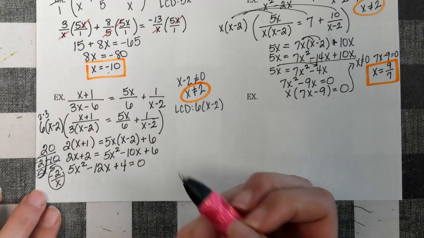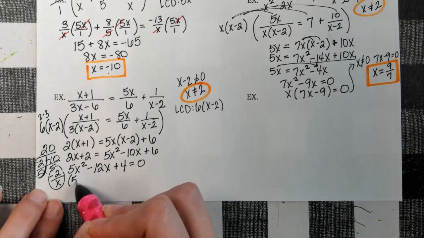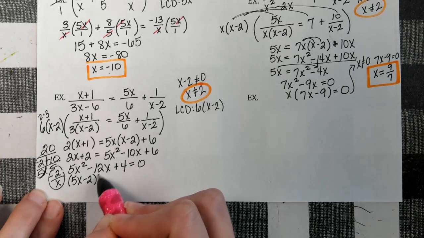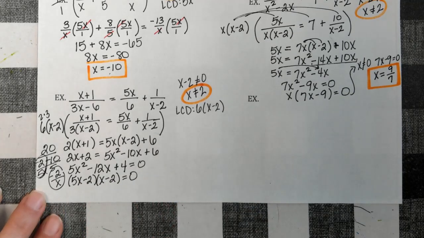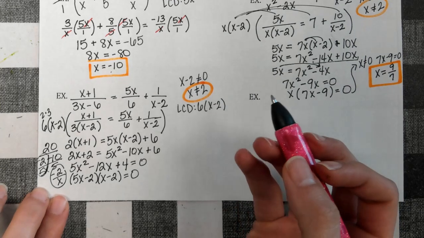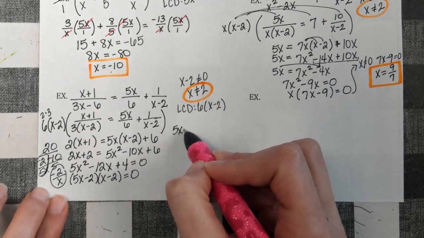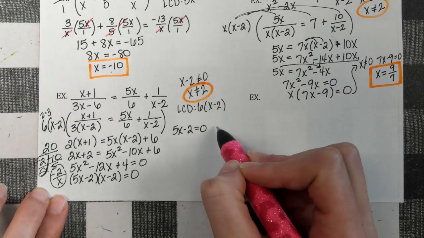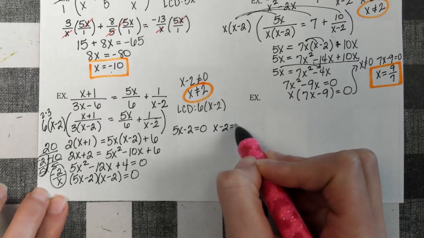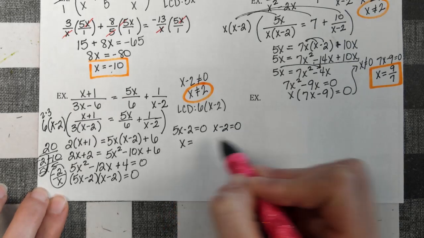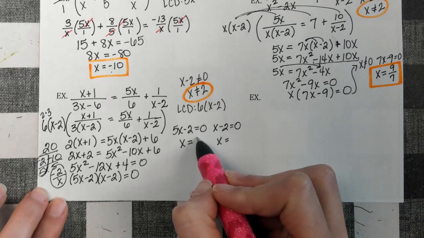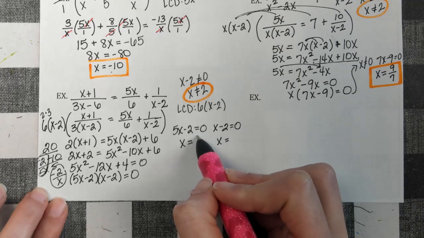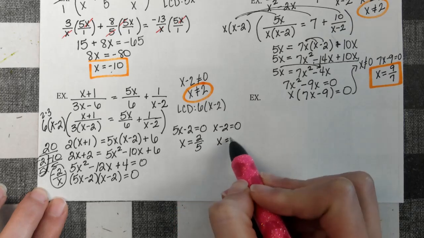Put your x in both denominators, so that turns into 5x minus 2 and x minus 2 equals 0. So if 5x minus 2 equals 0 and x minus 2 equals 0, that gives me what two x values? x equals 2 over 5 and x equals 2.